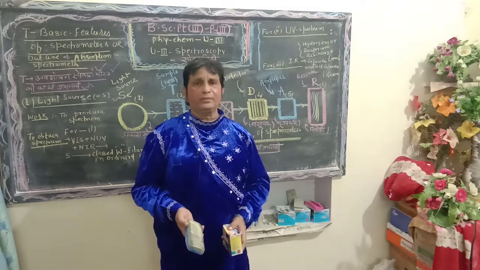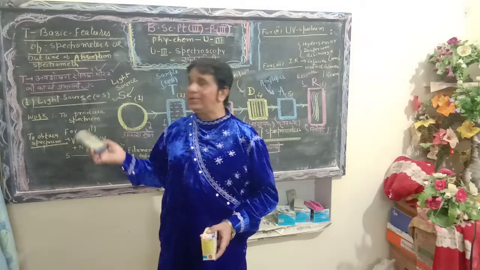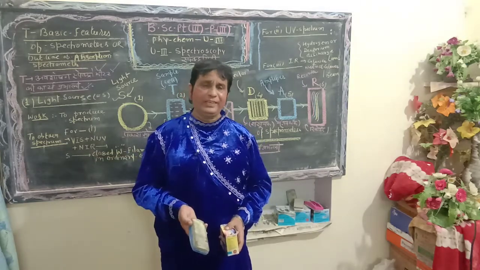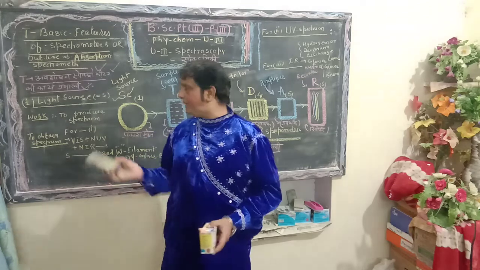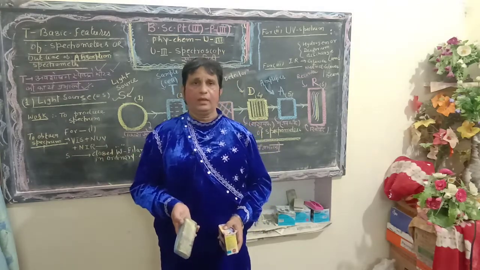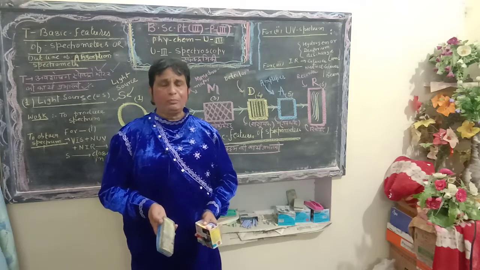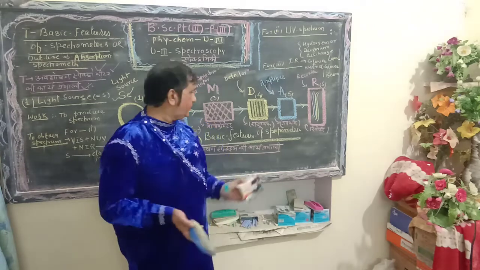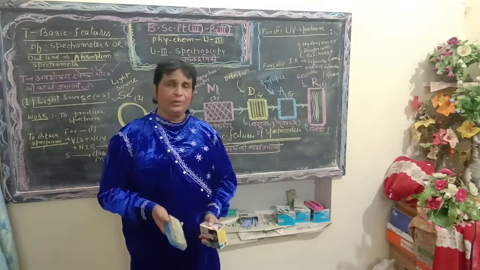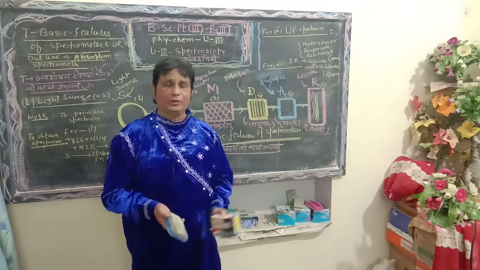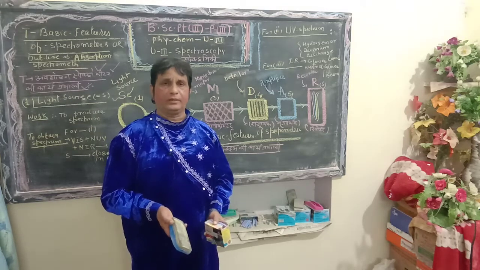Linear spectra one can produce by using atomic species present in the vapor or gaseous phase, while band spectra are produced by molecular species present in the liquid, solid, or solution phase.